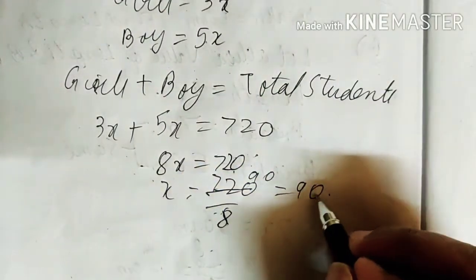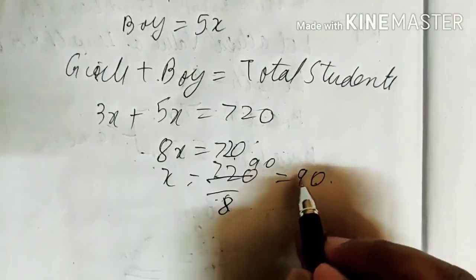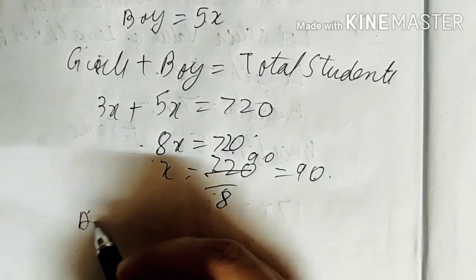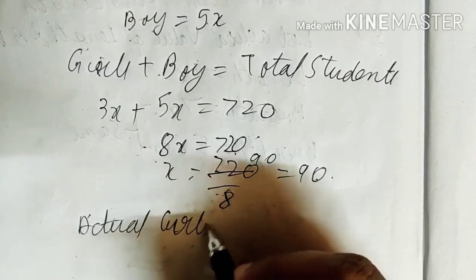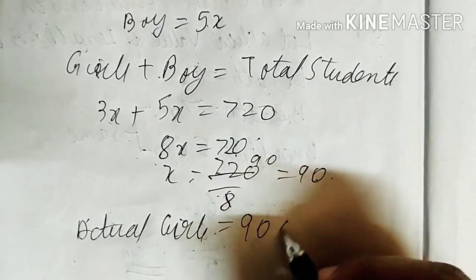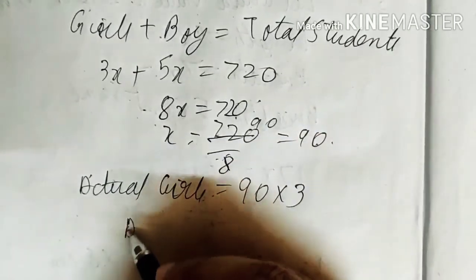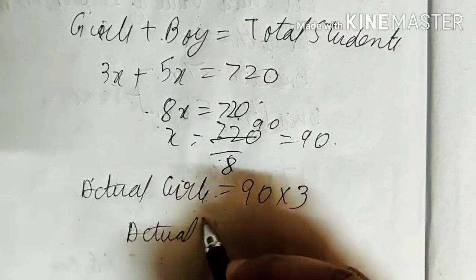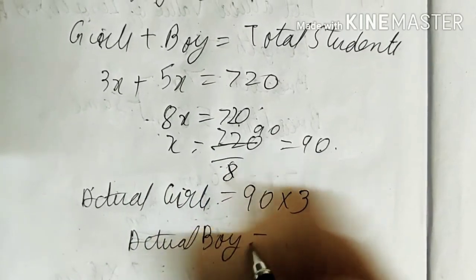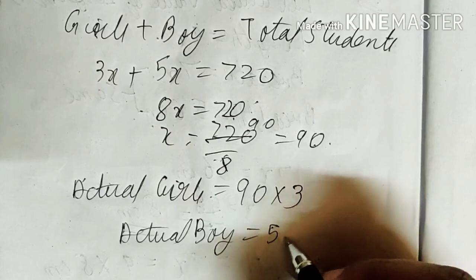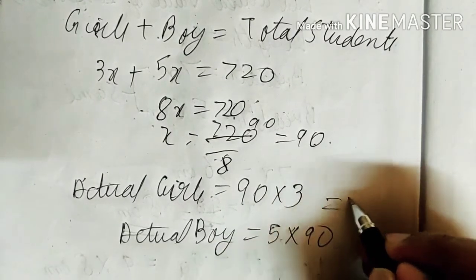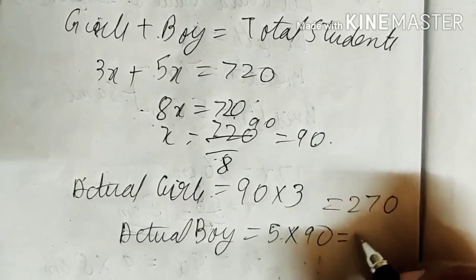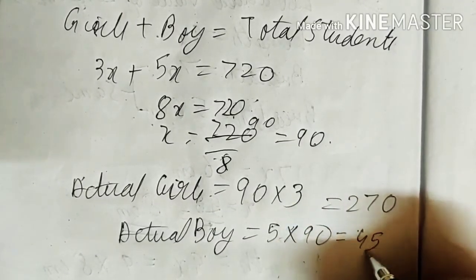Okay, x here is 90. So actual girls here are 90 into 3, that is 270, and actual boys here are 5 into 90, that is 450.